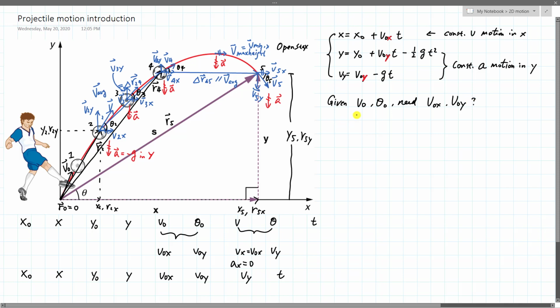Well, these are vector, magnitude, and angle. To get these components is really easy. V0x is V0 cosine theta 0. V0y is V0 sine theta 0. So we need to do this before we start the problem solving, because we need these values, right? We need these.